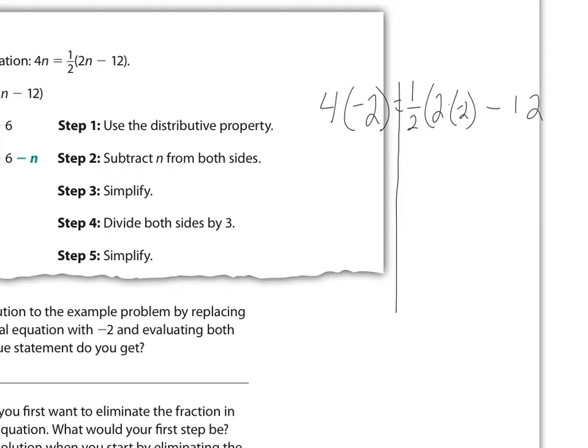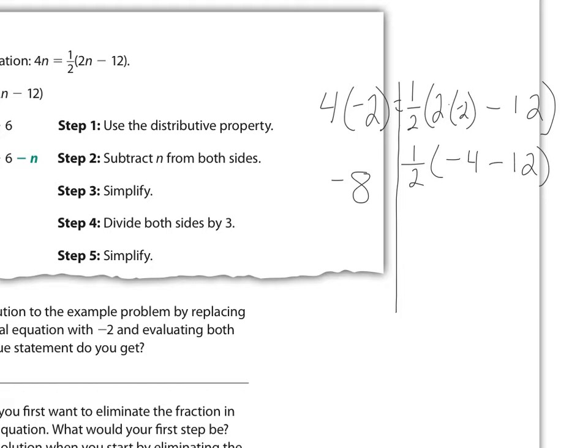If I look at the left-hand side, 4 times -2 gives me a product of -8. The right-hand side, looking at that expression, I'm going to perform the order of operations inside the parentheses first. So 2 times -2 is -4, minus 12, and I have to multiply that quantity by 1/2.